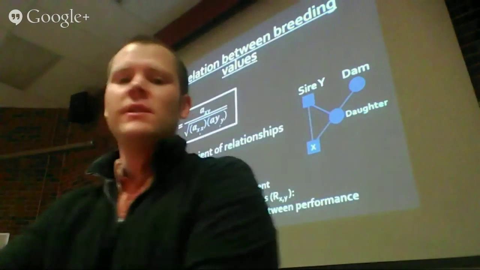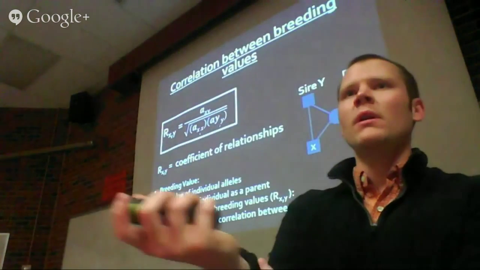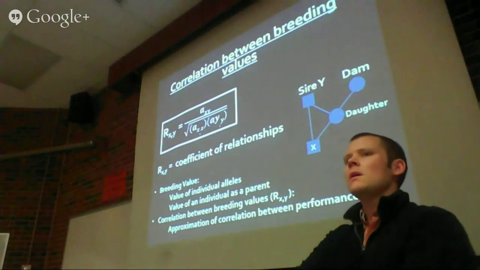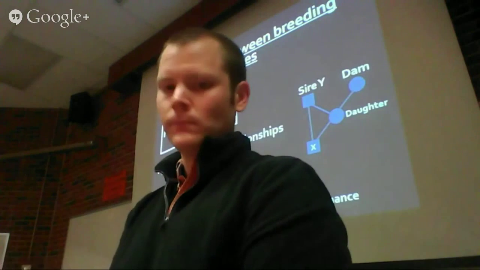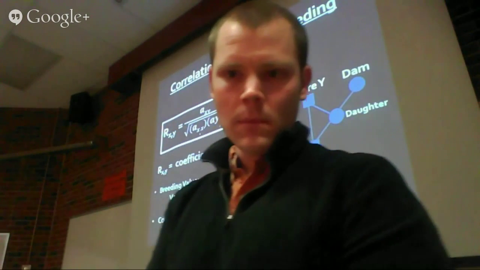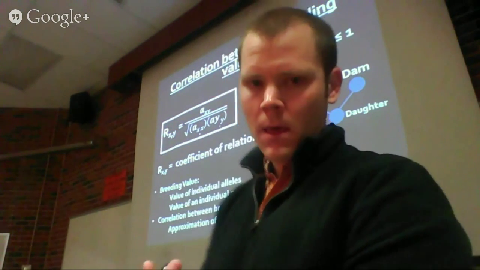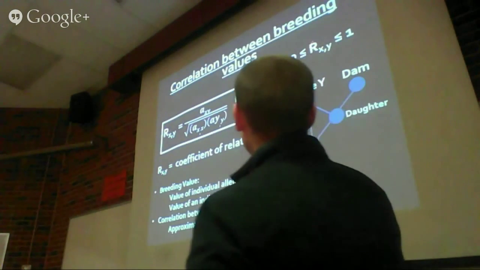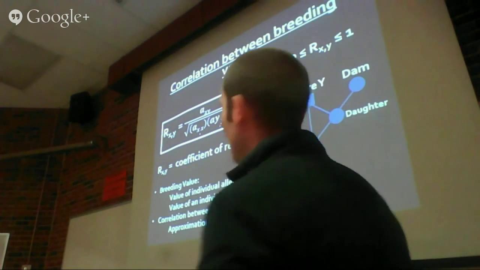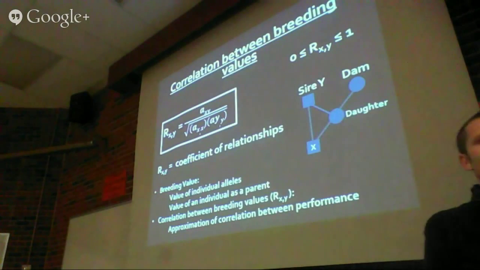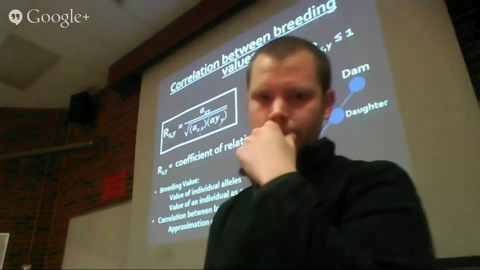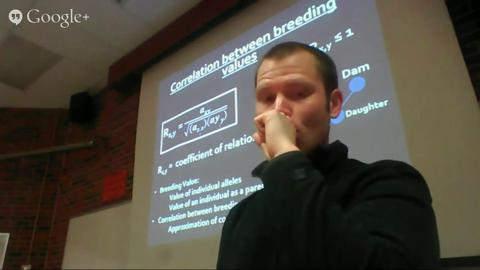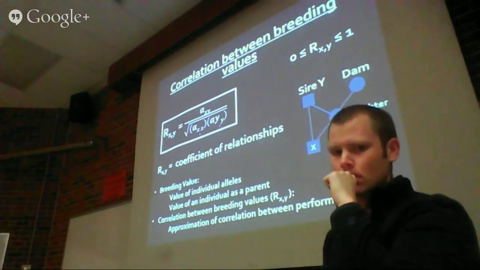So here in a few lectures, it's going to become really important that we stay on top of using the word breeding value and being comfortable with what that means. Again, since it's a correlation, it's going to be between 0 and 1. Questions on that?